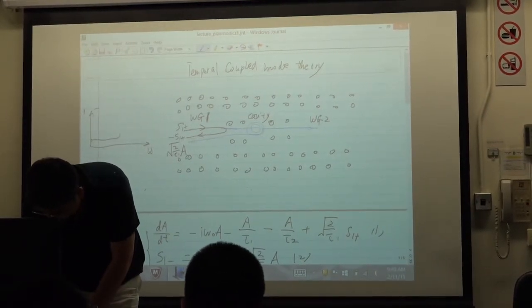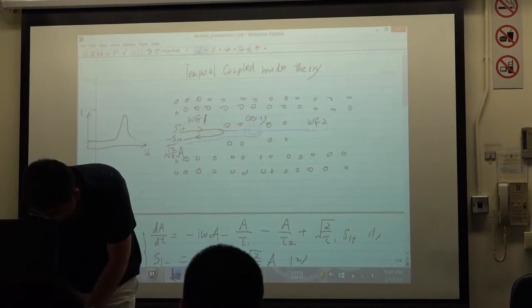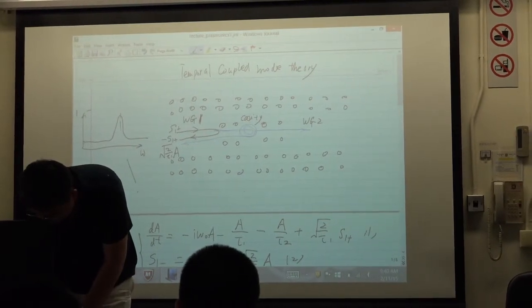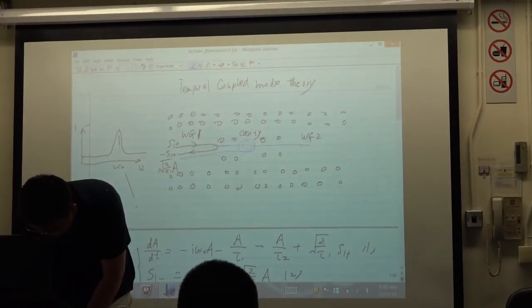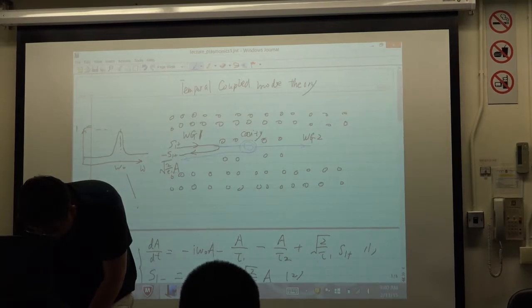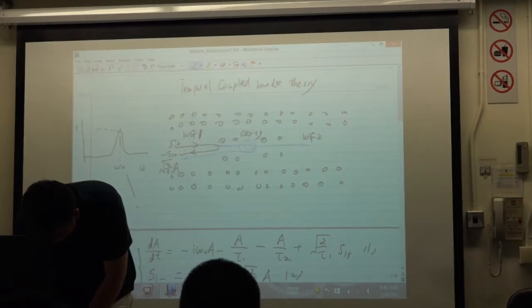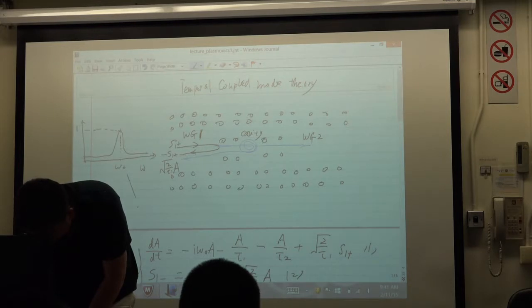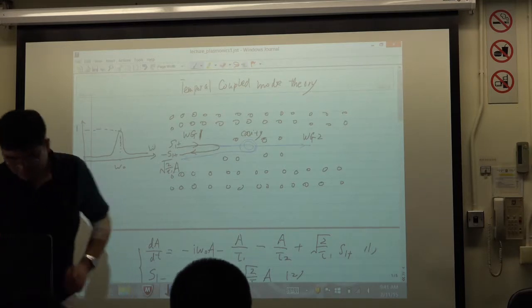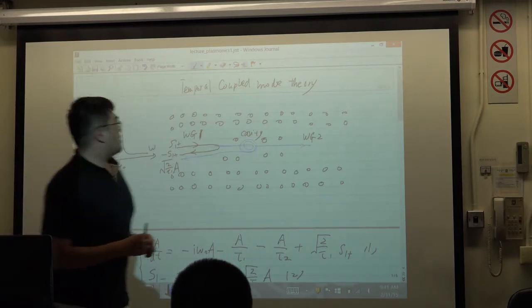It's called the Lorentz shift. Only at this point can transmission be achieved. So this is a very important nature of this filter. So this is a physical picture.